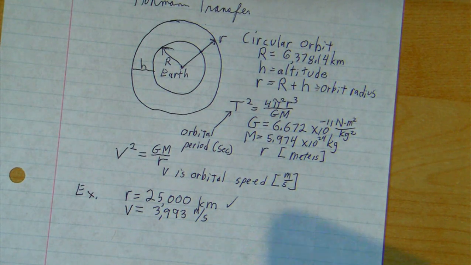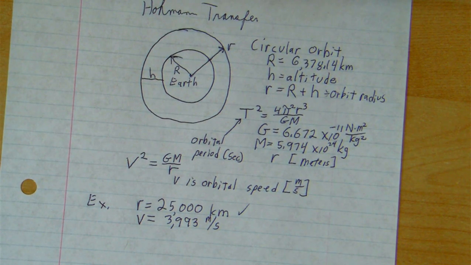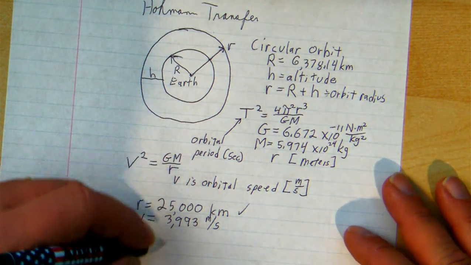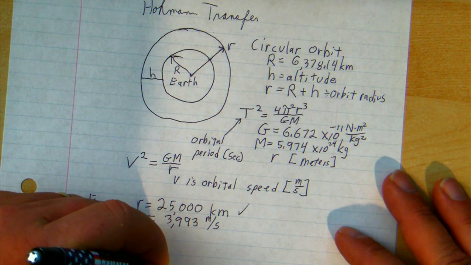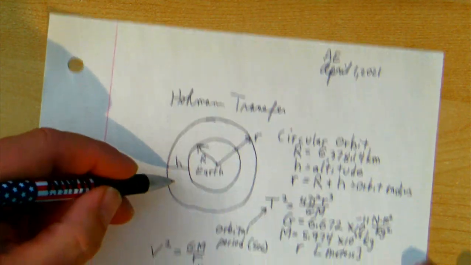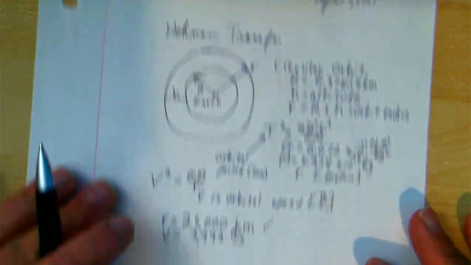So I need a second circular orbit that will be the destination for this example. All right, so the second orbit, which I'm going to have to draw as being closer to, well, this was never to scale anyways, right? 25,000 kilometers would be like 4 diameters out.